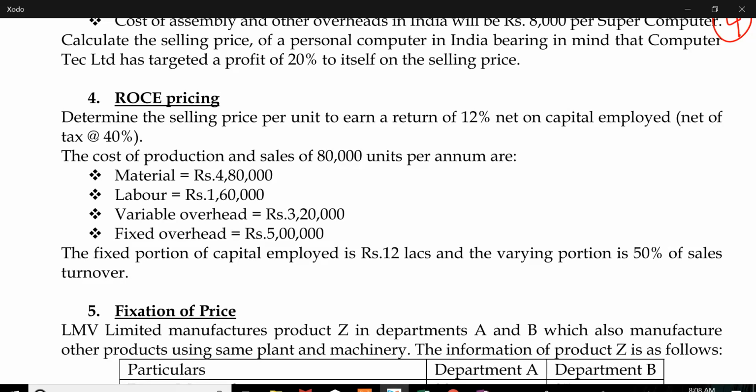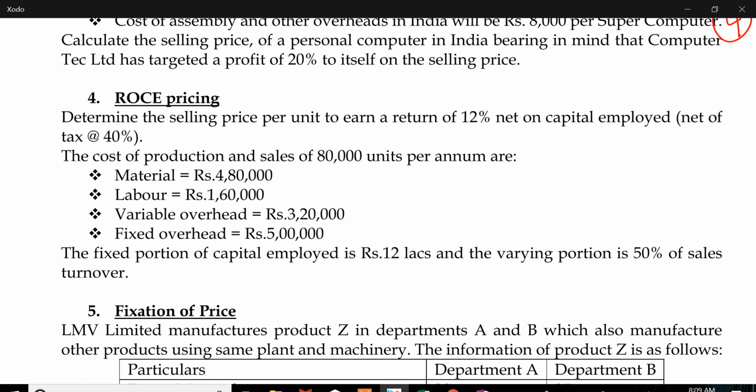And the pre-tax ROCE will work out to be 12 divided by 1 minus tax rate, 12 divided by 1 minus 40%. So we need a 20% return on capital employed.